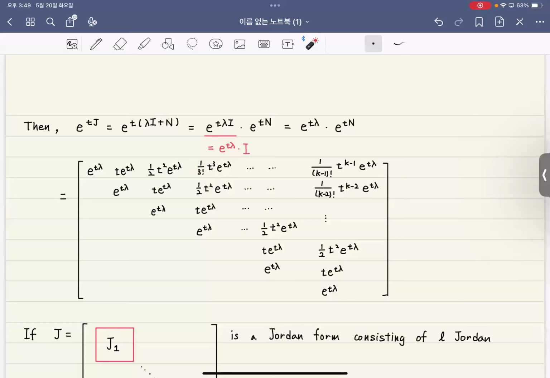This is what you get. We had a bunch of ones on the diagonal, but these ones are now changed to e^(t lambda). And we had all the t's above the diagonal, but these are now t times e^(t lambda), and so on, all the way to this corner. So this is how you compute the matrix exponential of a single Jordan block.